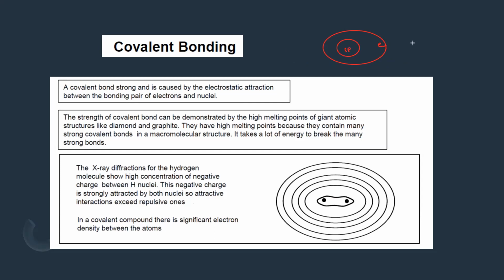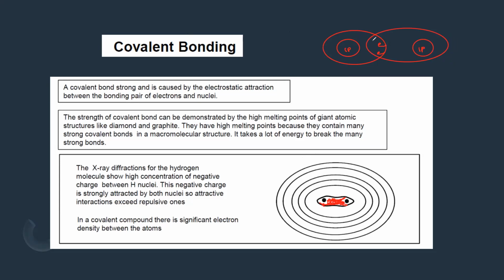In the same way, the other hydrogen has one proton inside the nucleus and one electron, and there is a sharing of electrons between the two. So when we pass X-rays, what pattern do we observe? We observe that the greater electron density, or the probability of finding an electron, is maximum between the two nuclei.